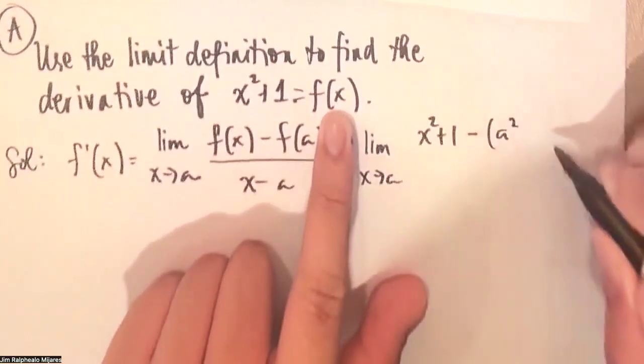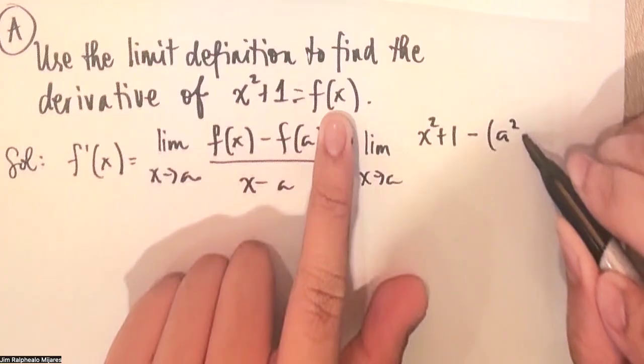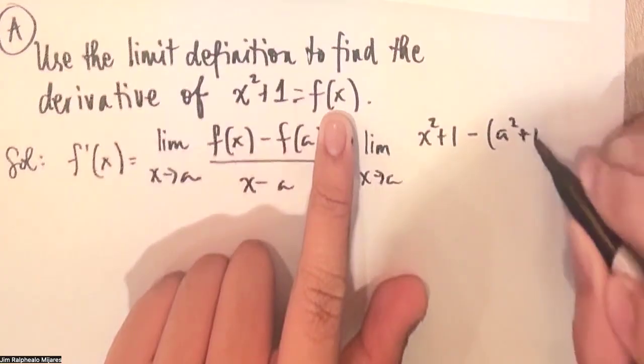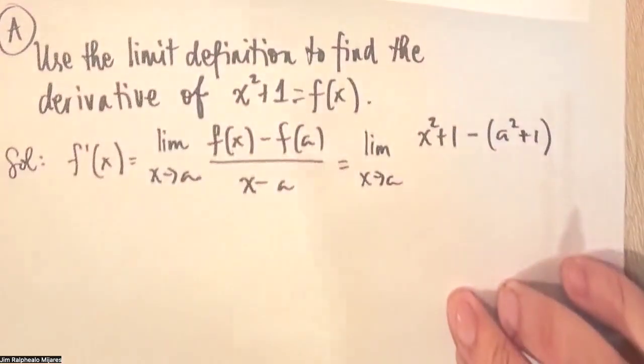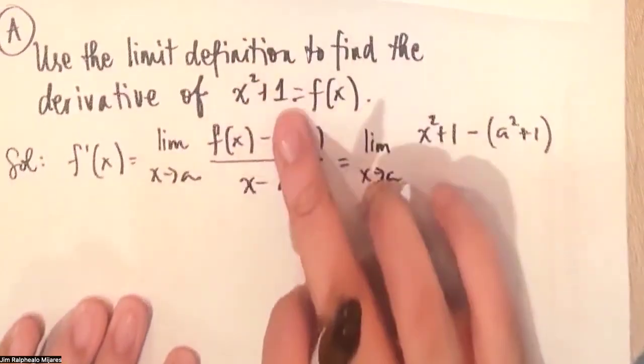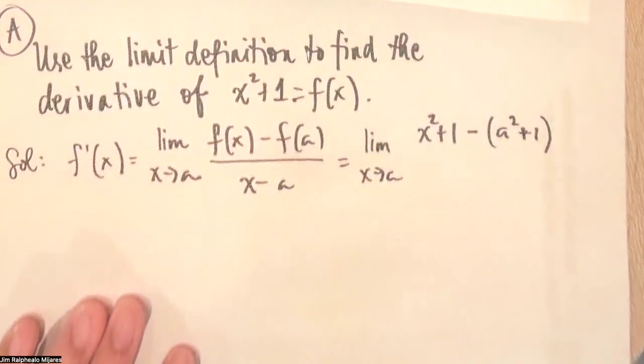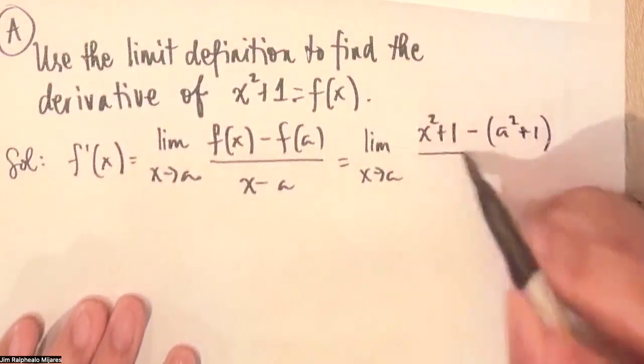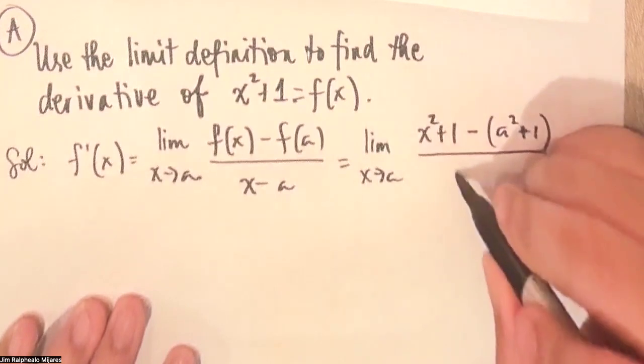So you get a squared plus 1. If we substitute a for x here, we get a squared plus 1 instead of x squared plus 1. Okay, good. Over x minus a.